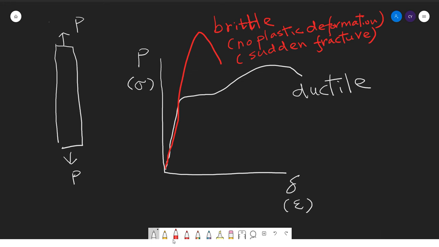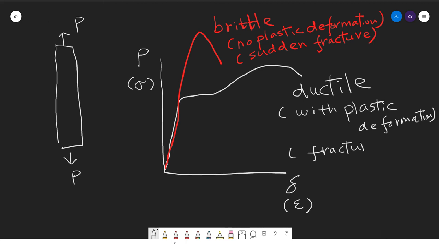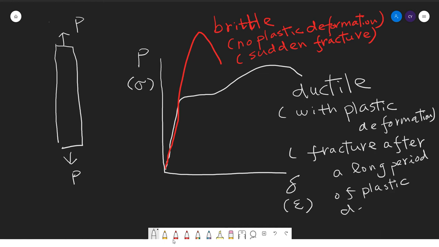And what is the ductile material? It is with plastic deformation, and fracture after a long period of plastic deformation.